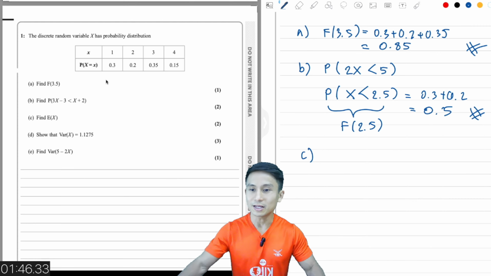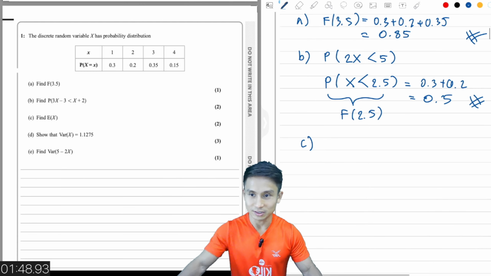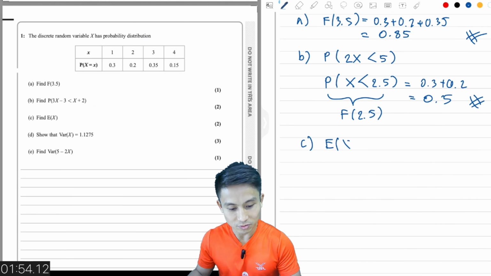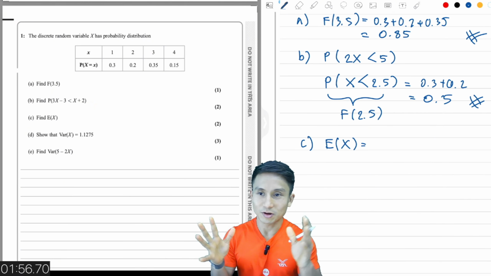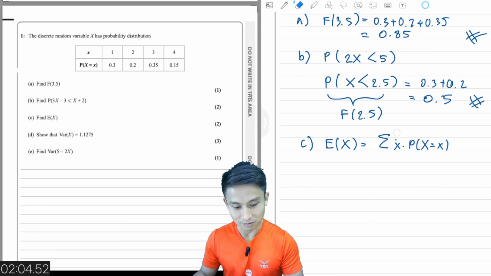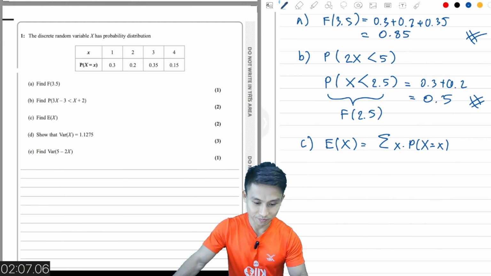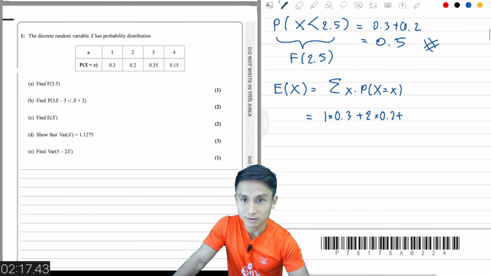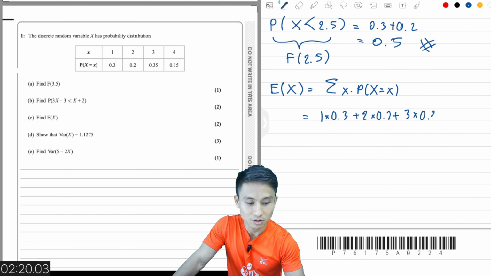Part C. Find the expected value of this. So for expected value, what's the formula? Expected value is just the sum of the products of x and P(X equals x). So basically just multiply the two rows in each column and add them up. You should know this. So it's just 1 times 0.3 plus 2 times 0.2 plus 3 times 0.35 plus 4 times 0.15.